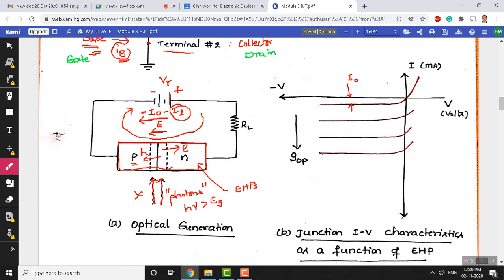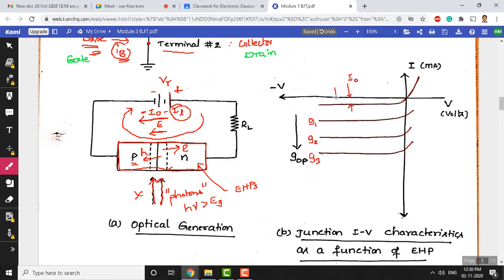As photons keep increasing, the optical generation rate keeps increasing. You can see that this may be the optical generation rate G1, this is optical generation rate G2, and this is optical generation rate G3. That means, as the light intensity increases, the optical generation rate increases, electron hole pairs increase, and that increases the current here.